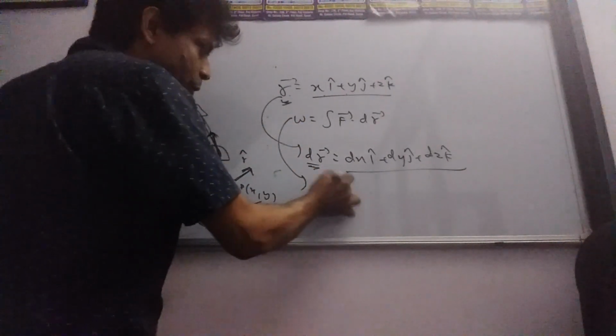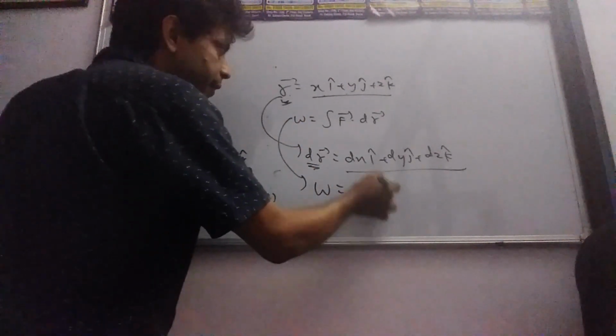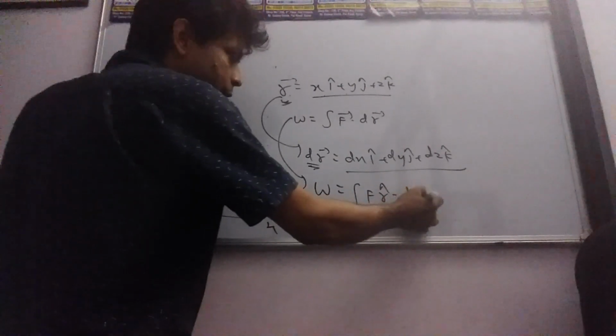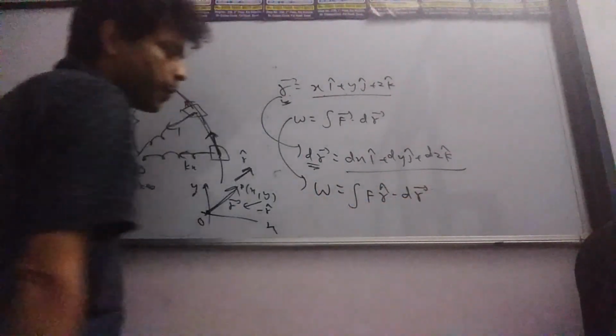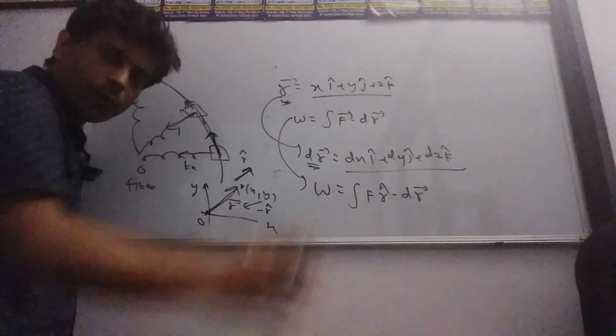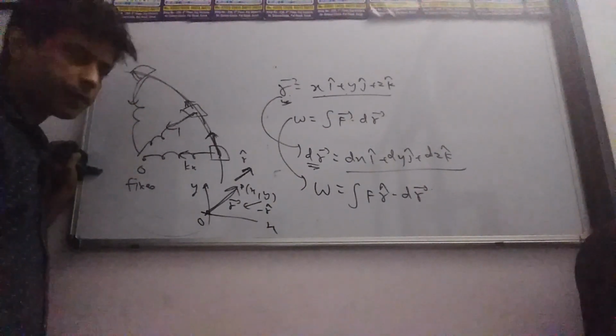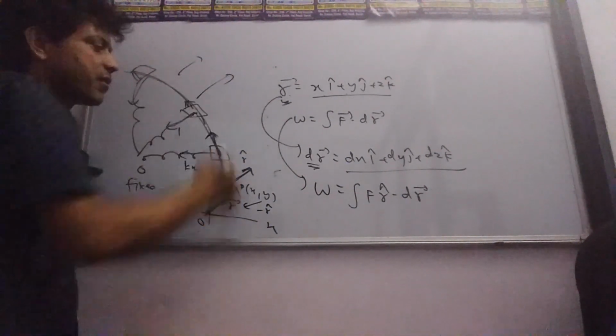More generalized, W is equal to F r cap dot dr, if it is outward from the origin, if it is acting in this direction.